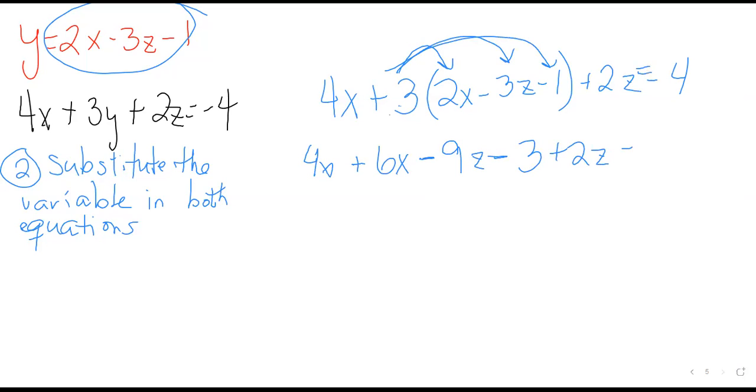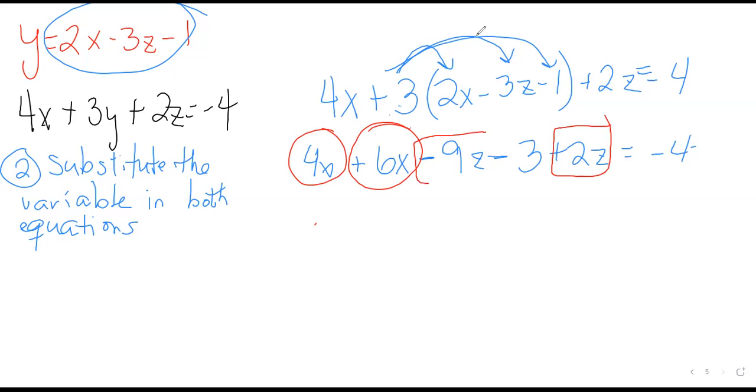equals negative 4. So now my next step is to combine my like terms. So I have x over here, an x over here. I have a z right there, and I have a z over here. And then this 3 needs to combine with that 4. So I'm already just going to add 3 so that I don't have to worry about that. 4 plus 6 is 10x.